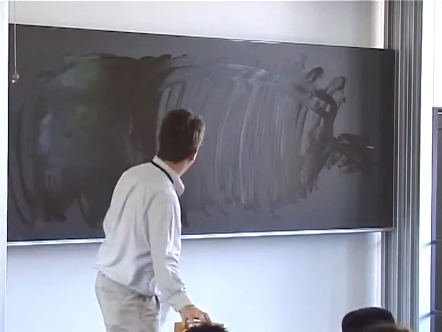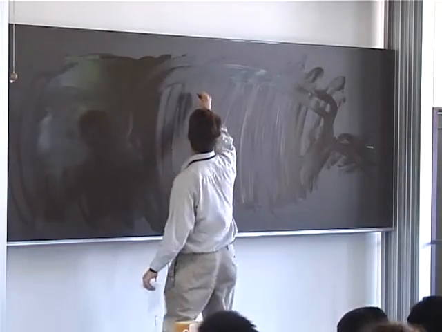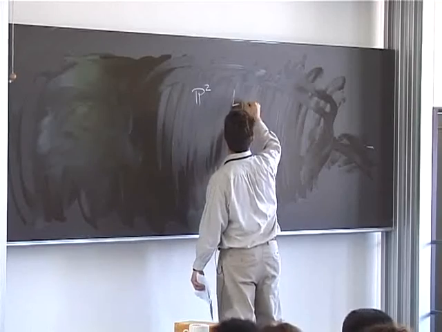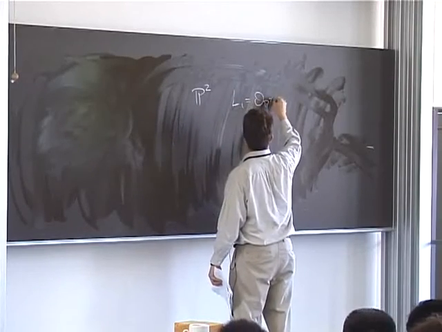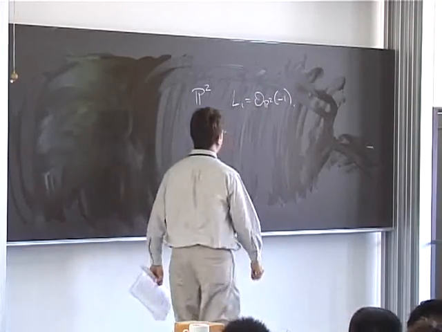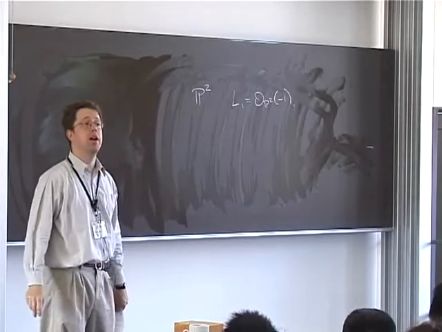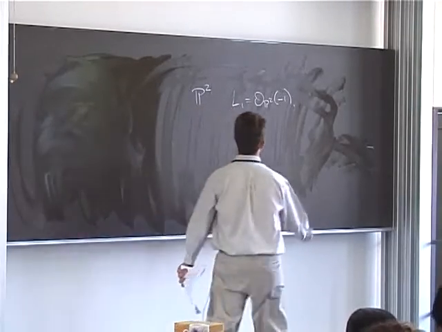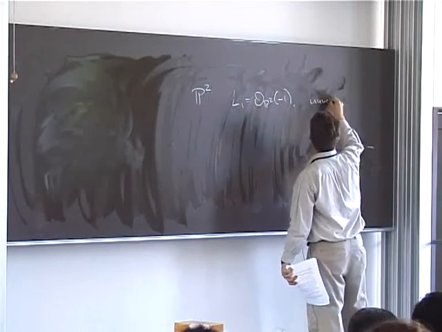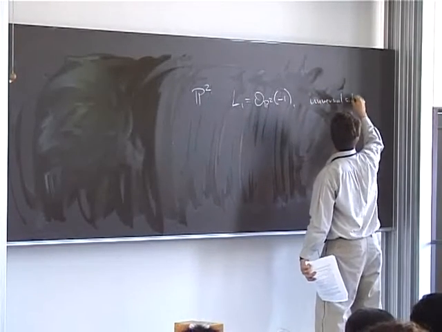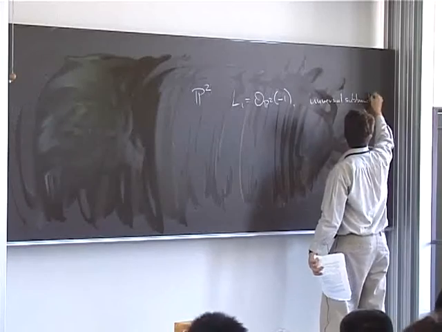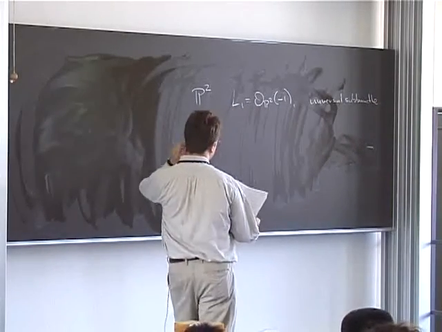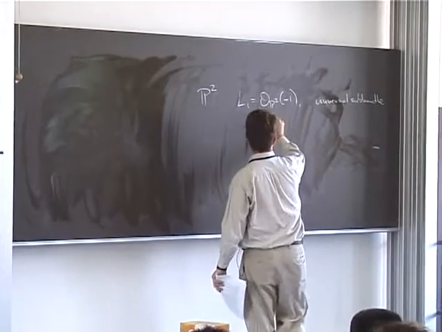So for P2, let's take L1 to be, well, there's just one element, so it's O_P2(-1). And let me just remind you that this is a universal subbundle. What I mean by that is if I think of L, I can think of L as being the following.